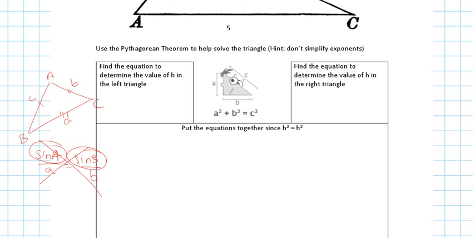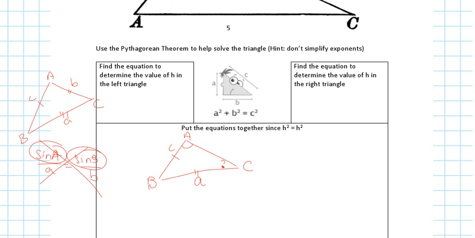So I can't use the sine law in this case. Now, how about if I give you this? I give you angle A, I give you side C, and I give you side A. Can you solve for angle C using the sine law?